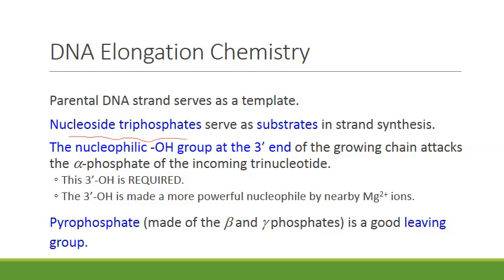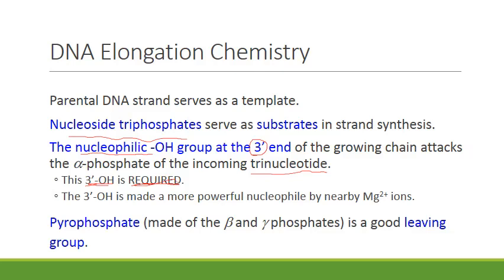Okay. So the hydroxyl group at the 3' end, where we're adding our nucleotide triphosphate, is nucleophilic. The incoming chain is created by the incoming nucleotide triphosphates that come in. That 3' hydroxyl is absolutely required for DNA replication to occur.